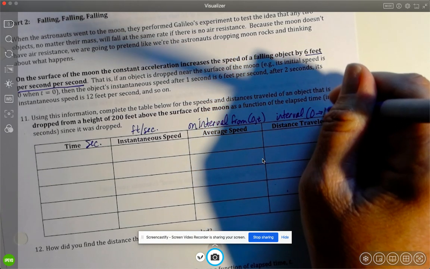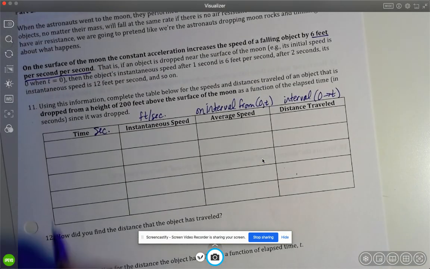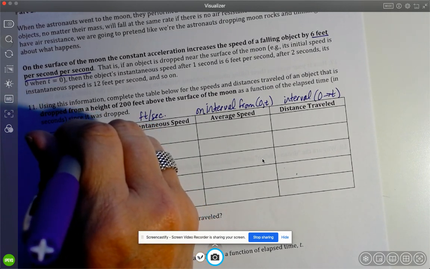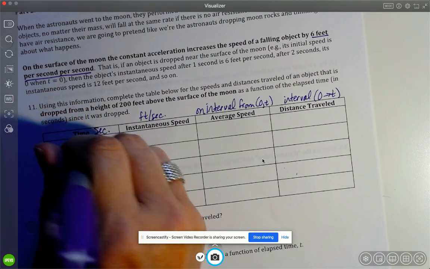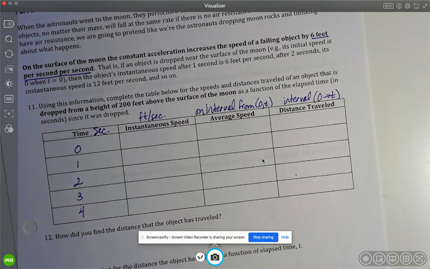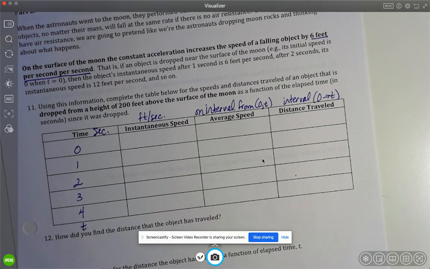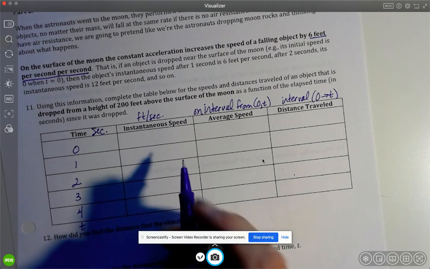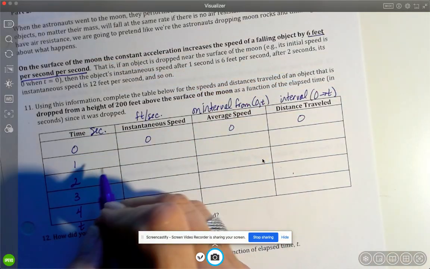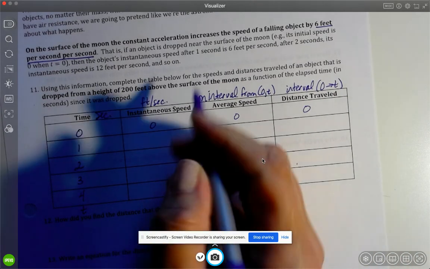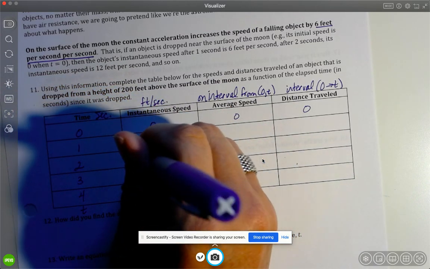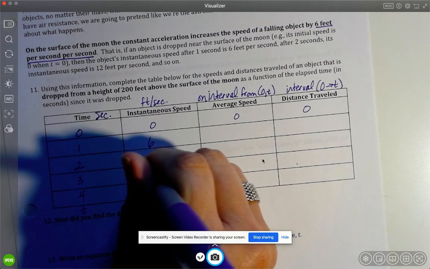All right, so we'll start with 0. So I have 0, 1, 2, 3, 4, and then I'm going to eventually want to figure out what it is at any time. So instantaneous speed at 0 is 0. Instantaneous speed at 1 second, it tells us above here, is 6. And at 2, 12. And at 3, 18. And at 4, 24.